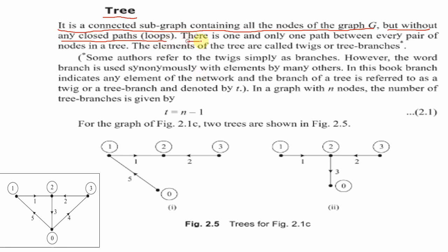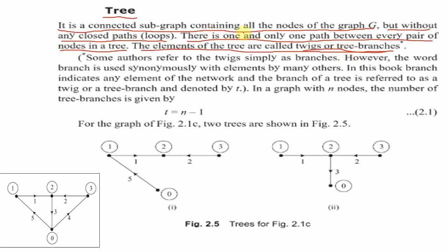There is only one path between every pair of nodes in a tree. The elements of a tree are called twigs or tree branches, right? So in these three lines two concepts are given: what is meant by a tree, and what the element of a tree is called, which is twigs or tree branches.